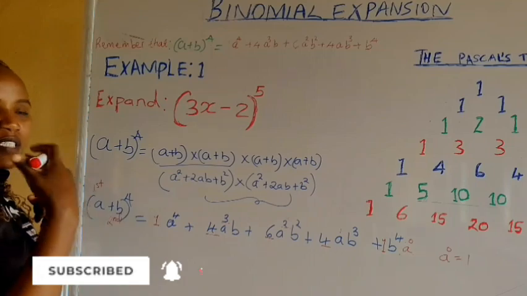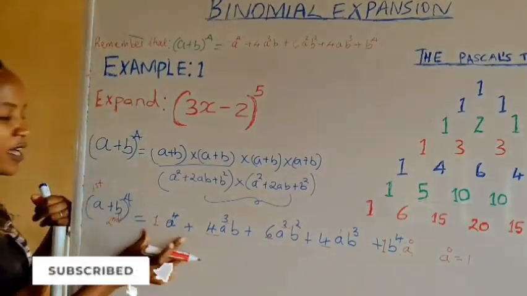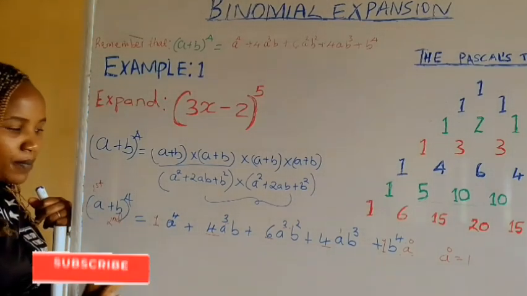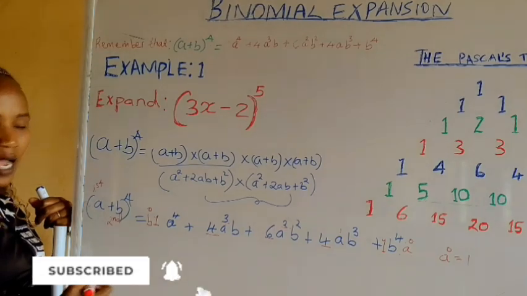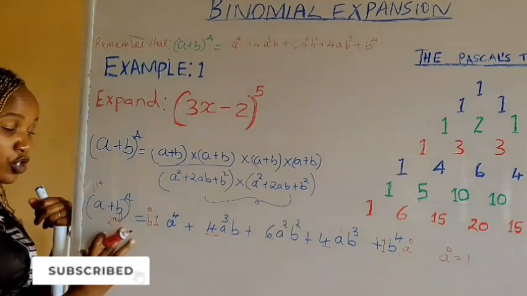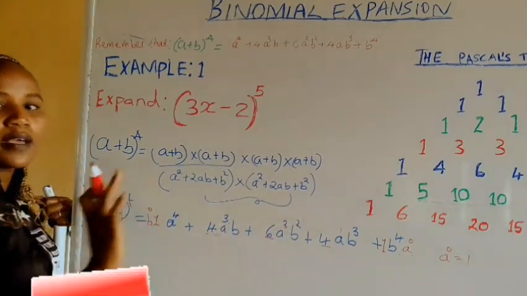Now, let's consider the power of the second term, which is B in our case. As we have said that any number raised to power 0 is 1, that means the power of B here is implied as B power 0. And that is why the power of our second term in the expansion is increasing as we go across the expansion.